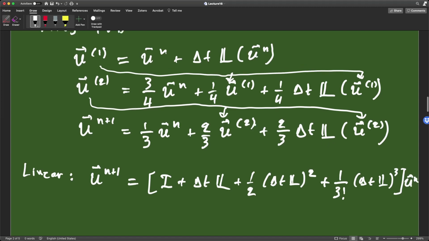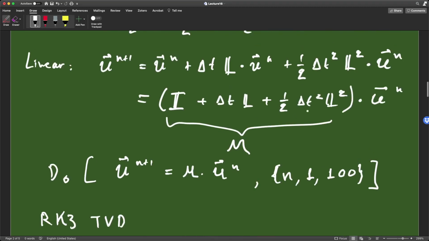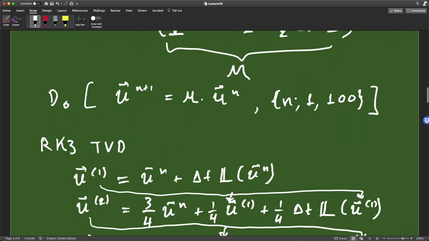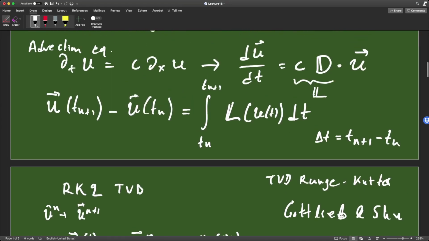So what we see is that this amounts to adding an extra term of the Taylor expansion to this matrix here. We could have obtained the same result by Taylor expanding U as a function of t about t equals tn, and then integrating that Taylor expansion. For a linear equation, L is a constant matrix.